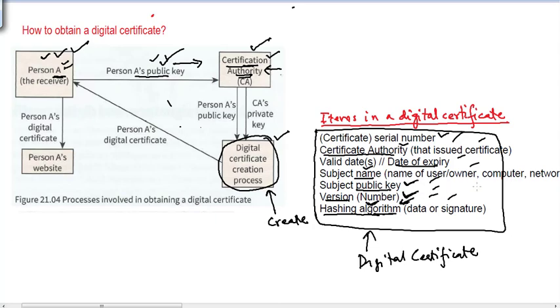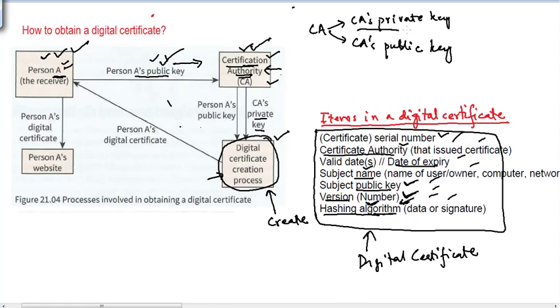Now, when the certification authority puts all the items inside the digital certificate, it also uses its own private key. So the certification authority has its own private key and also its own public key.